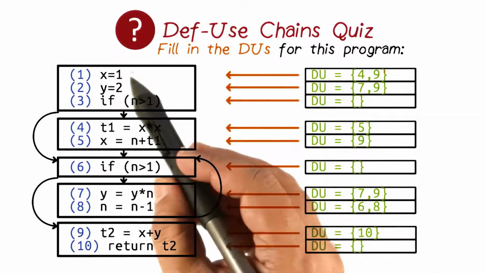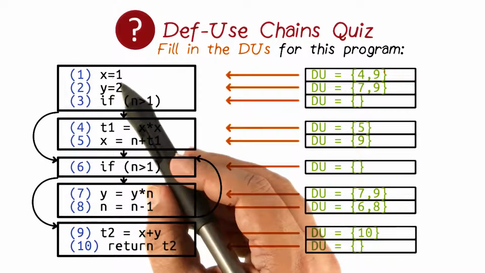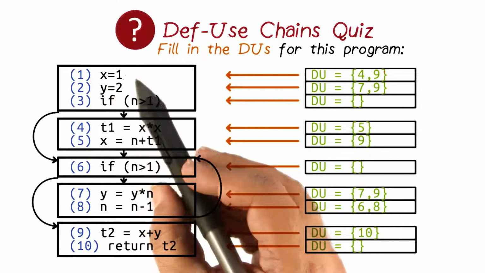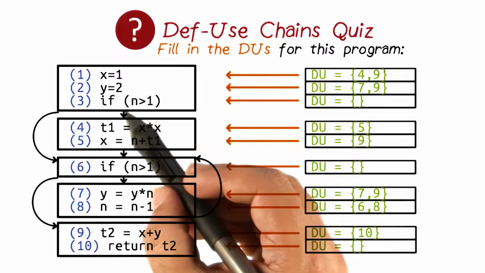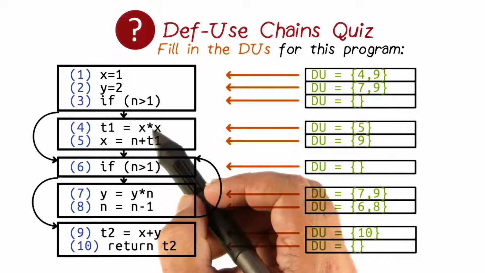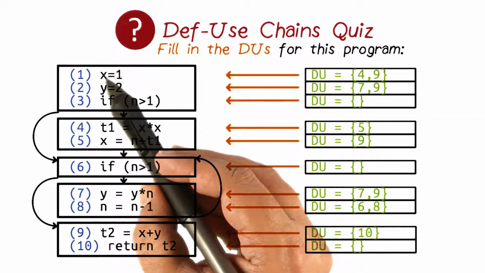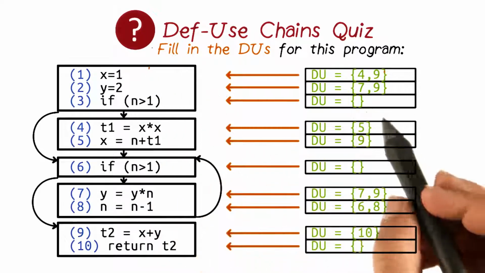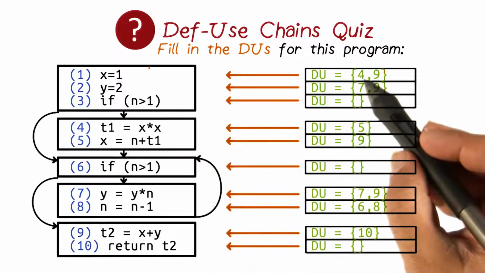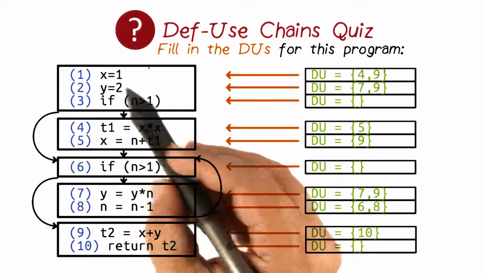So let us pick, for example, which are the uses that are going to use x is equal to 1. You see that this definition starts here, it goes down here. If the control flow goes this way, this x is going to be the one using x is equal to 1, and so is this other one. So number 4 is the first use that takes advantage of this definition.